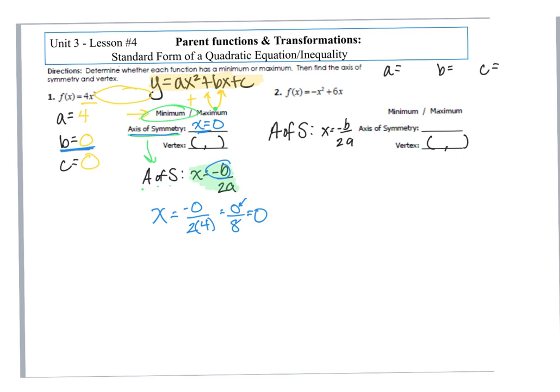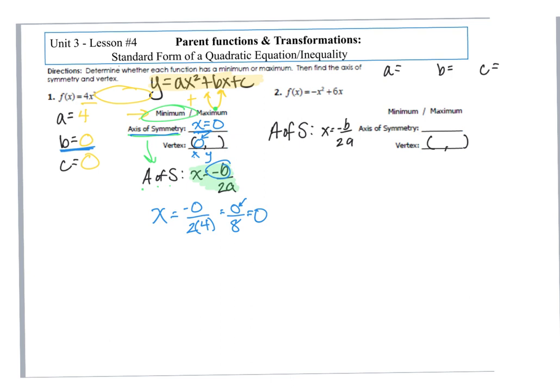Now, the cool thing is the vertex is always an x and a y value, right? That's our minimum, the point we are turning at, the point we are symmetric about. Whatever your axis of symmetry is, it's always the x value of your vertex. Pretty awesome. Notice it said x equals 0, and then x for the vertex is that same number, 0.